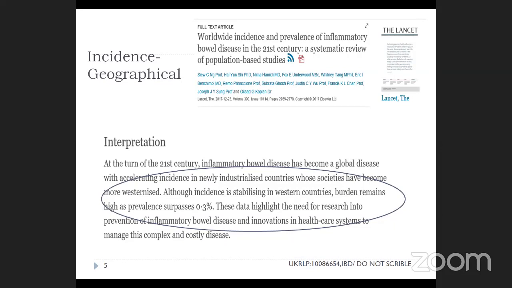The incidence in relation to geography: initially the incidence was increasing in the Western world, and presently there is a stabilization of the incidence of both Crohn's and ulcerative disease in the Western world. In this paper, we can see the incidence is stabilizing in Western countries, but the burden remains high as prevalence surpasses 0.3% of the population.